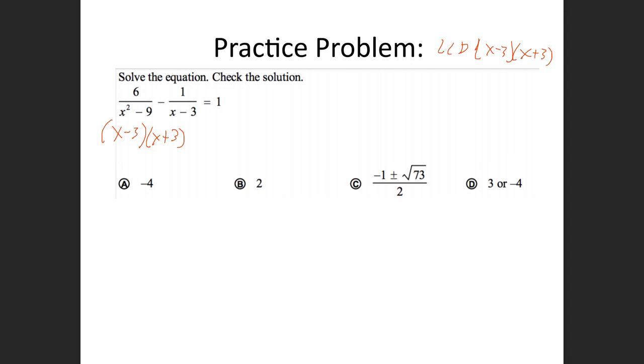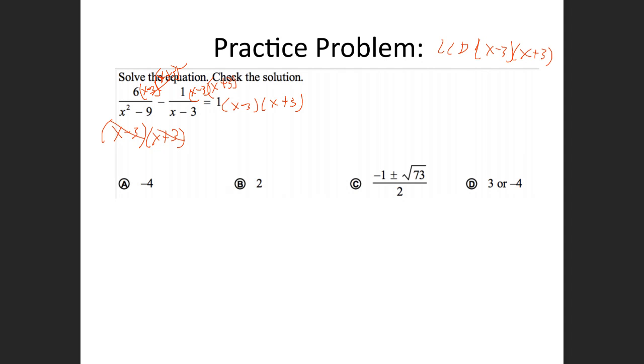Okay, so I'm going to multiply this term by x minus 3, x plus 3. Hard to read. I'm going to multiply this term by x minus 3, x plus 3. And I'll multiply this term by x minus 3, x plus 3. Okay, so here, well, those both are going to cross off.